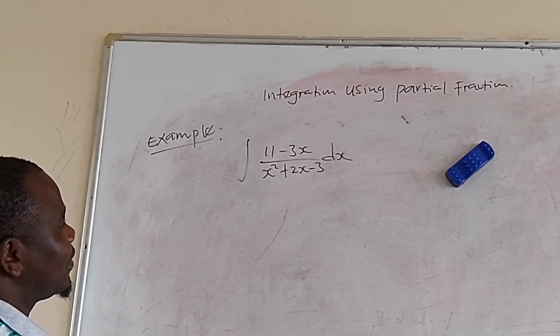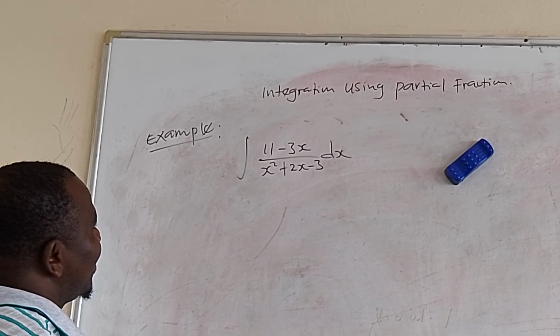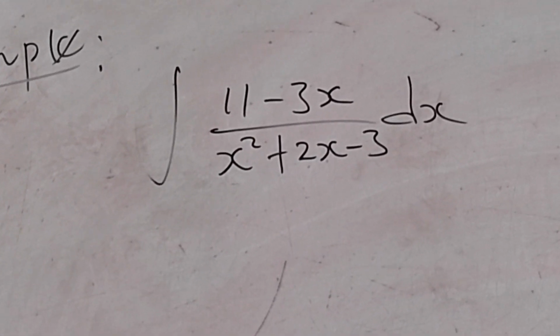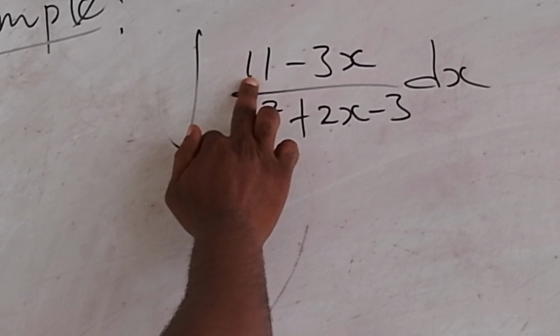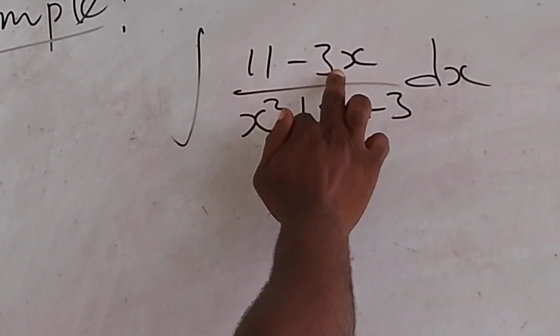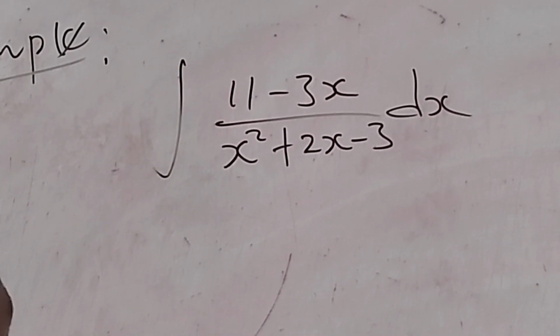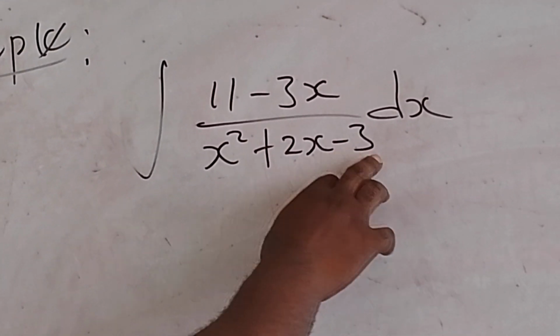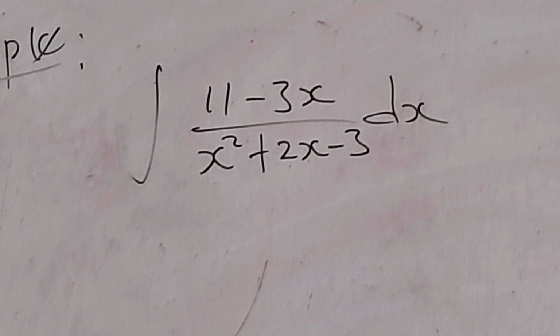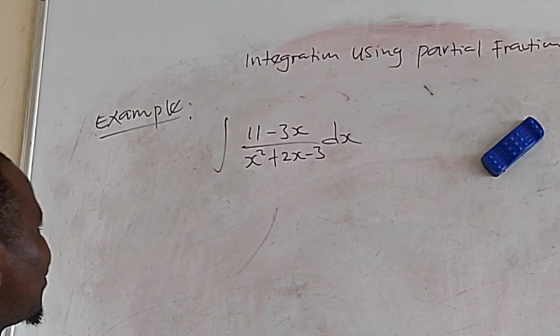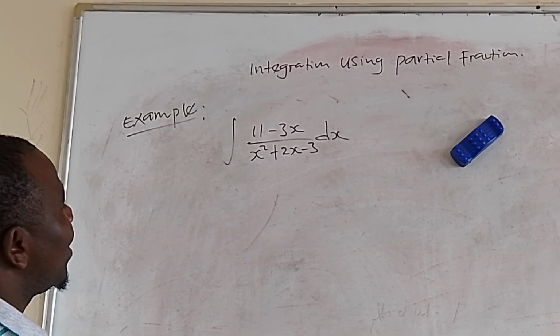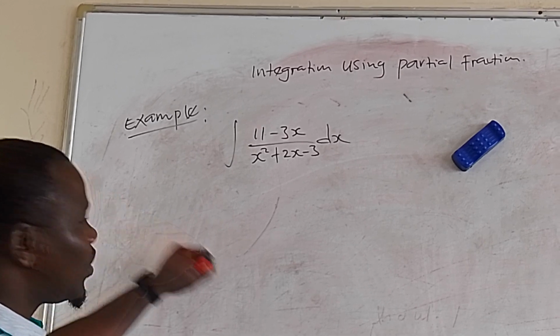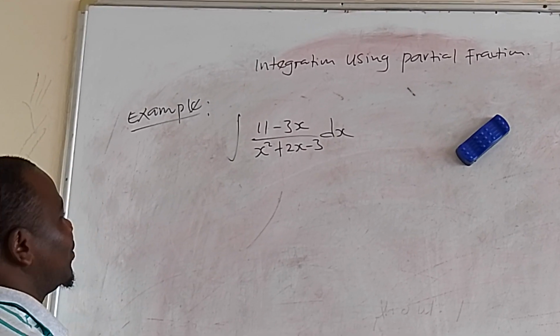Let's look at this. You know that we have 11 minus 3x, isn't it? All over x squared plus 2x minus 3. You know that we cannot integrate this function except we resolve it into partial fraction.